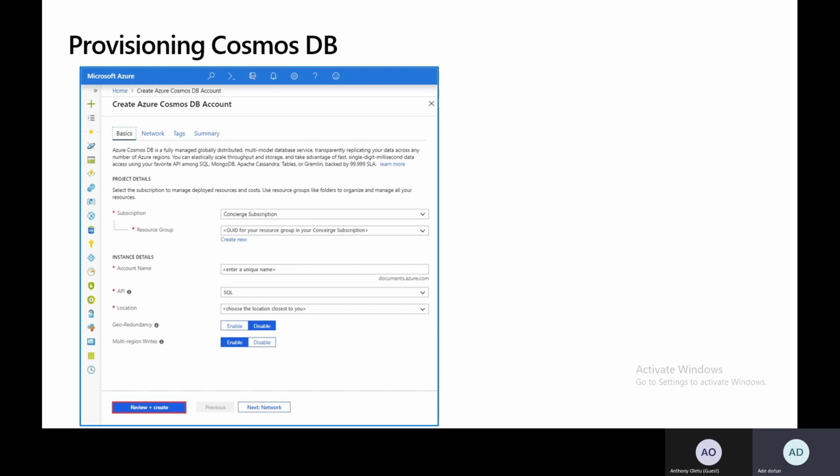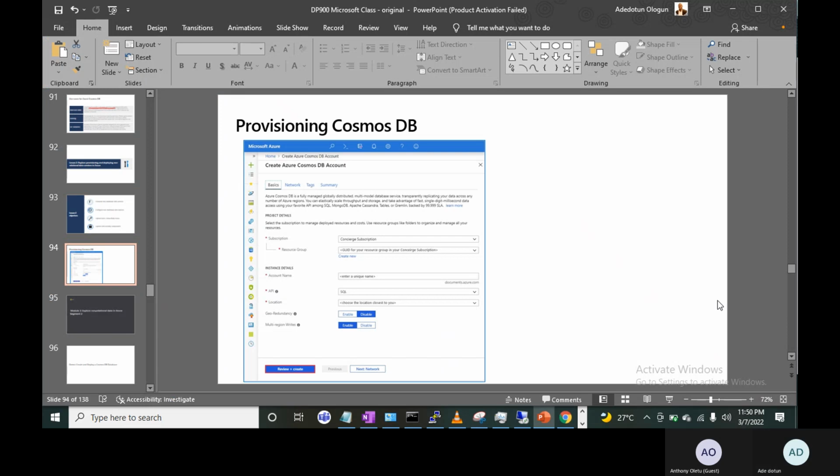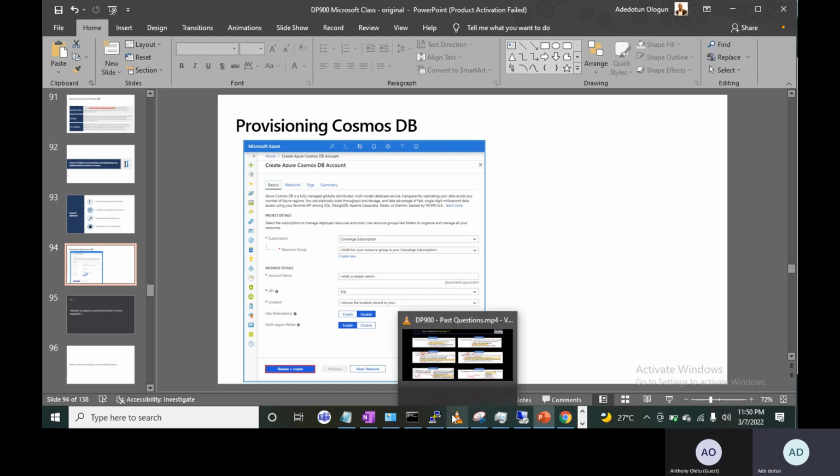But one thing about CosmosDB is that it's also a platform as a service, which means it's a service, not a contract. So let's just go straight to provisioning a CosmosDB, just like the way we did for SQL Server.